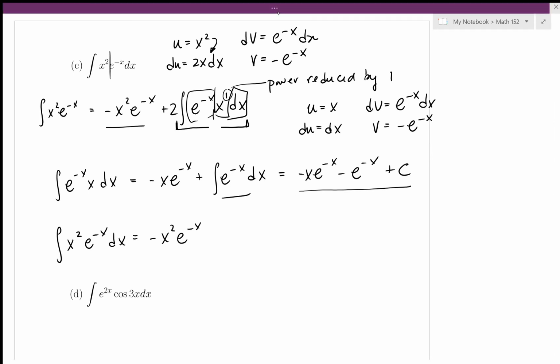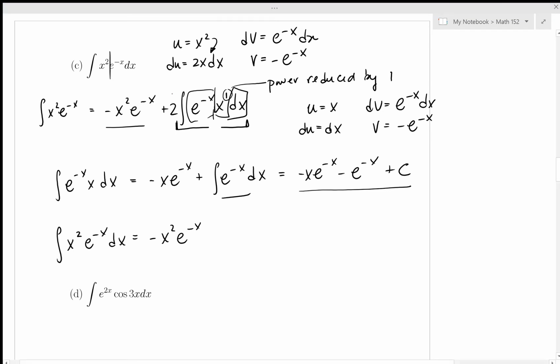I'm going to circle this 2. I'm going to go plus 2 times this, because that is what that integral is. So that gives me minus x squared e to the minus x, and I get minus 2x e to the minus x minus 2 e to the minus x plus c.